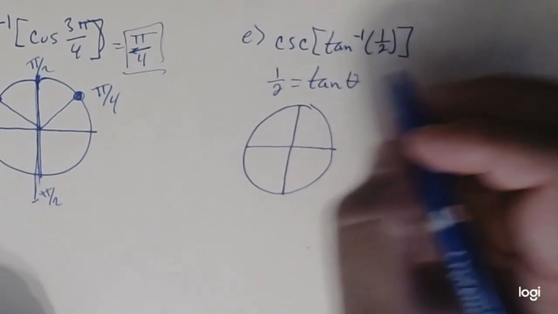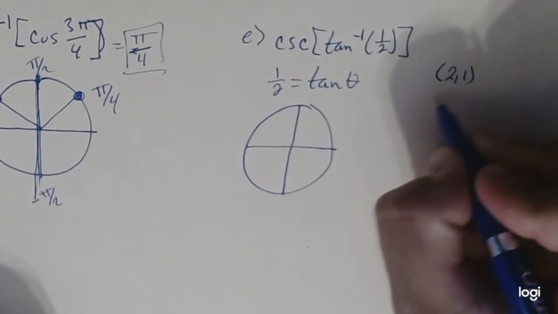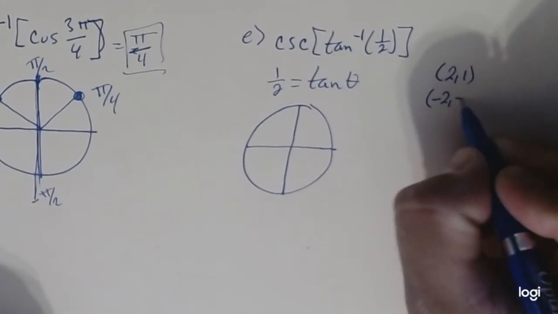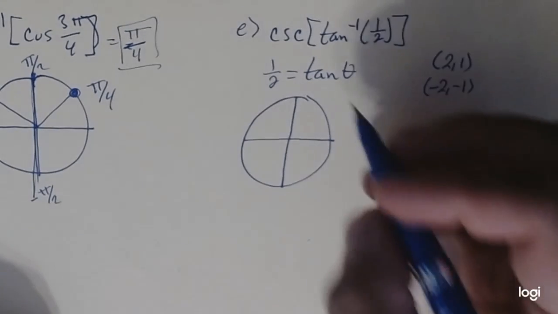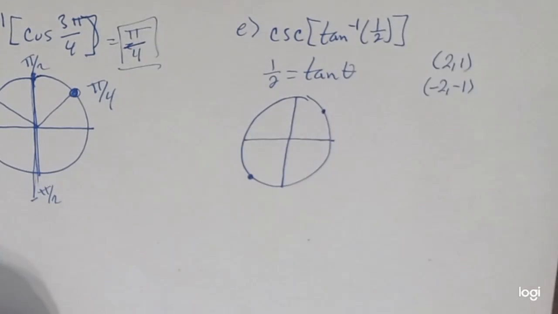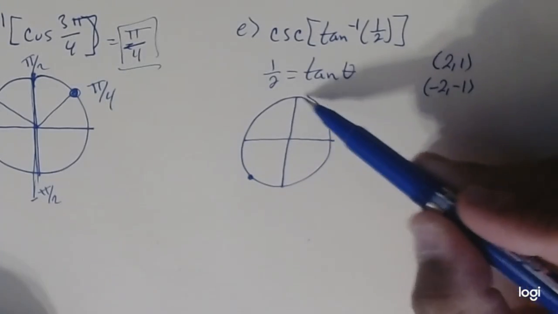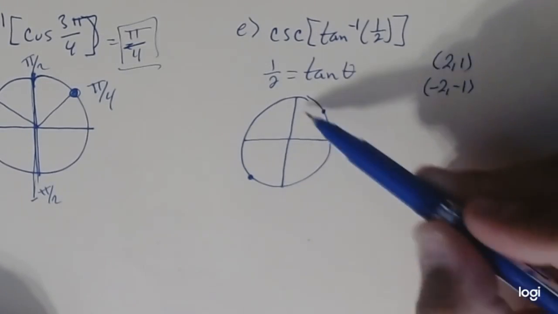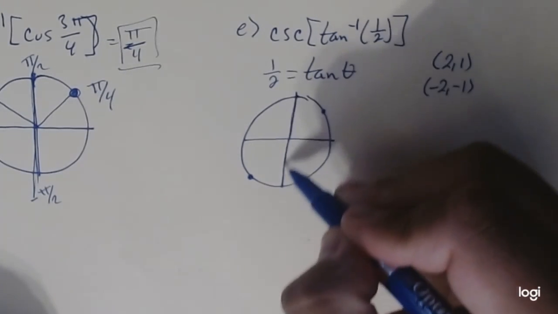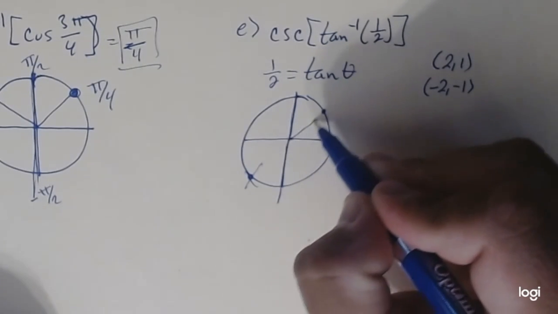So tangent is y over x. So we have either 2, 1, or again, negative 2, negative 1. Right? So it's either going to be here or there. Okay. Well, again, tangent corresponds to what? It is between negative pi over 2 and positive pi over 2. So basically the sine of it, right? So since it goes from here to here, going this way, that doesn't exist, and therefore here is our triangle right there.